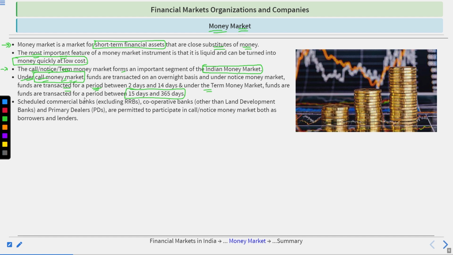First is the call money market, in which funds are transferred overnight from the surplus segment to the needy segment. Second is the notice money market, in which funds are transferred for a period of 2 days to 14 days. On the other hand, in the term money market, funds are transacted from 15 days to 365 days on other terms and conditions from the surplus to the needy.